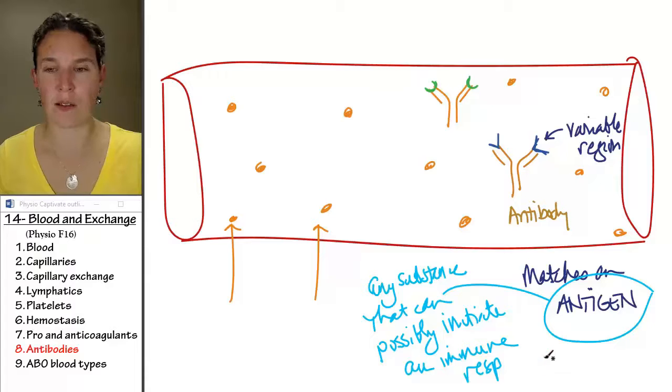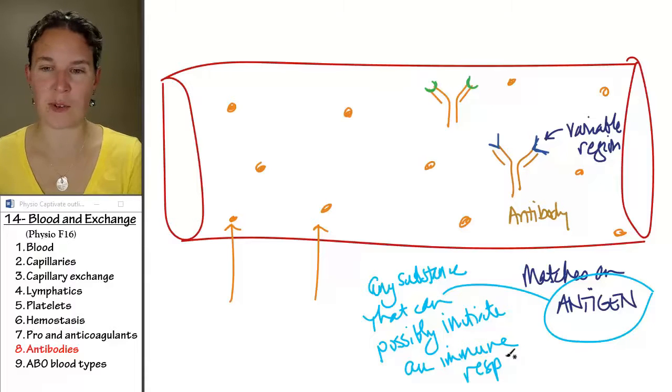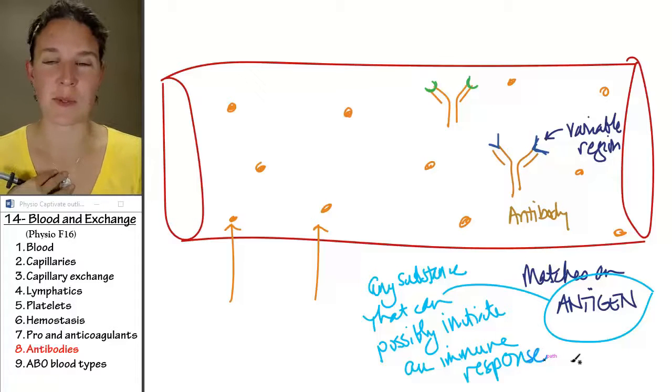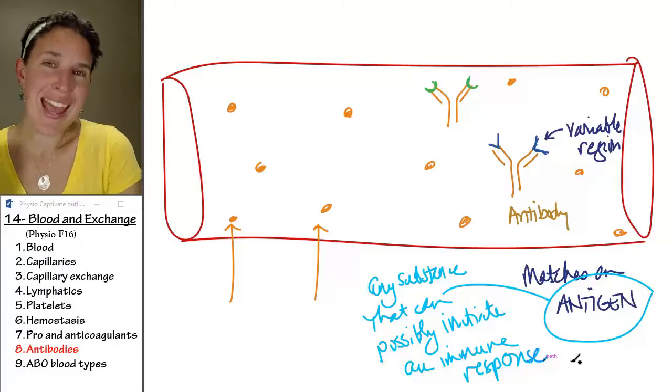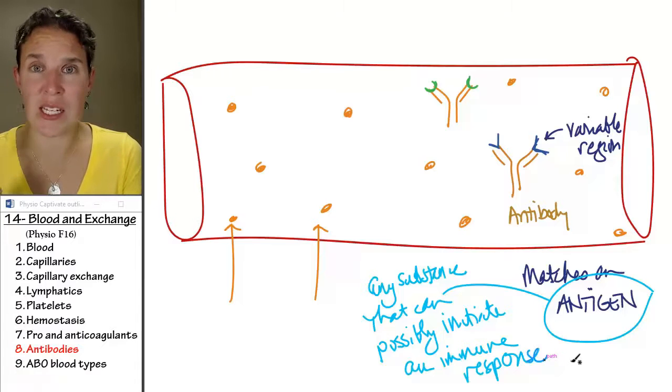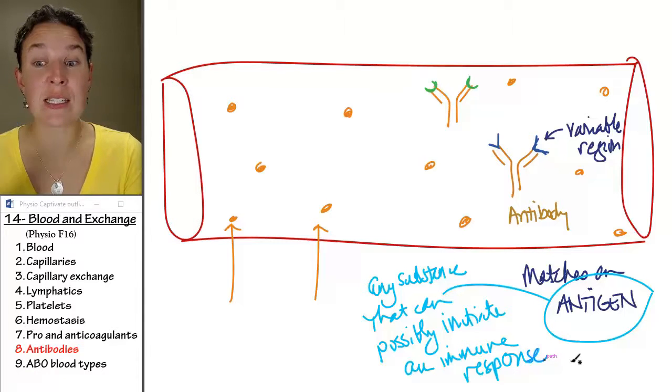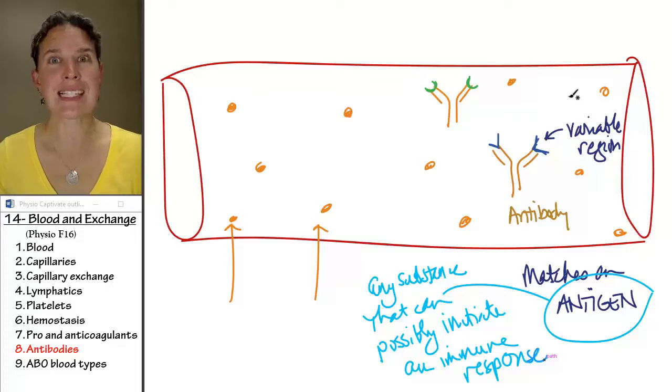Ugh. Oh my gosh, my handwriting is so terrible. Response. This is just unacceptable. Just kidding. It's all crazy. Anything that could possibly initiate an immune response is considered an antigen.